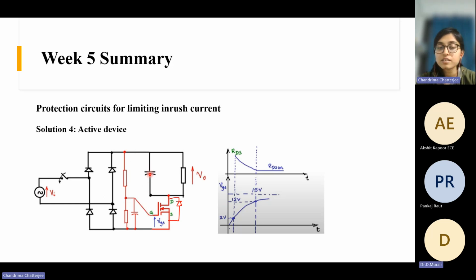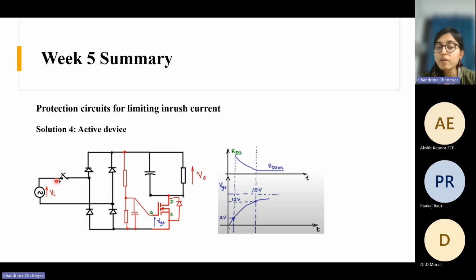This filter capacitor can discharge through this path, through this body diode. So when the power comes back, because this capacitor is discharging and in the process it is charging this capacitor, this capacitor is already charged.